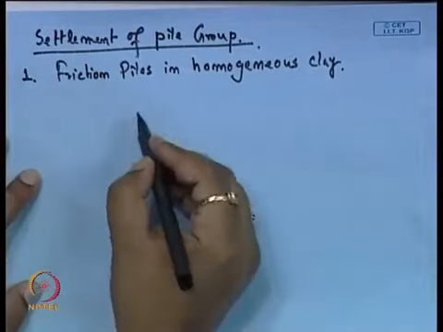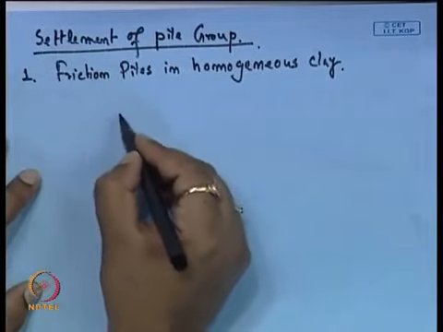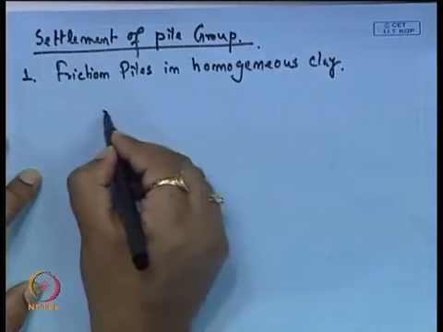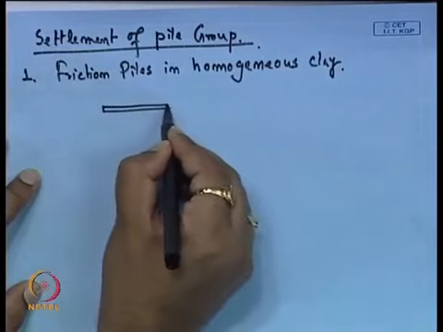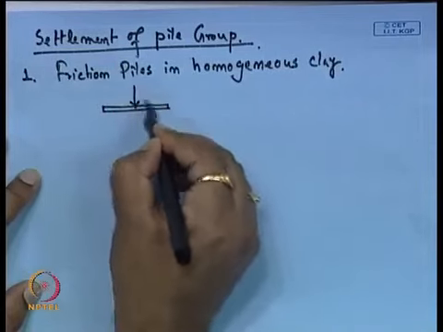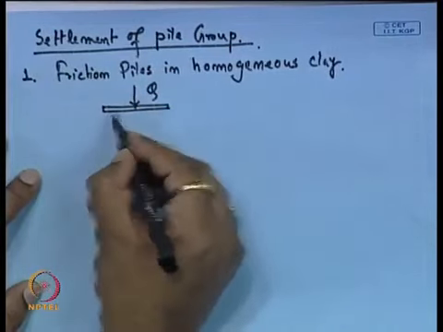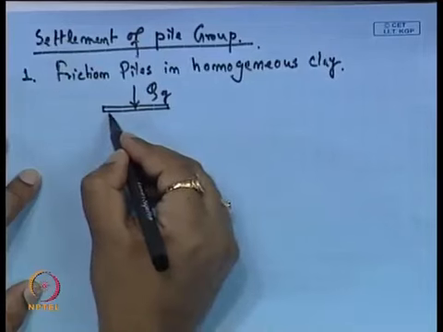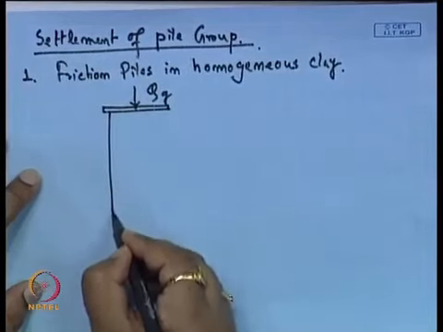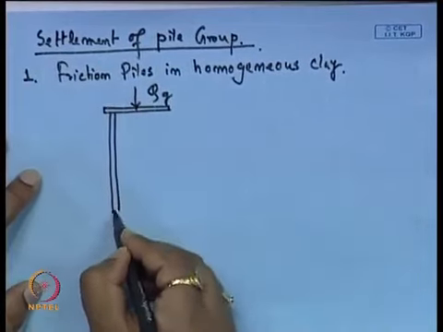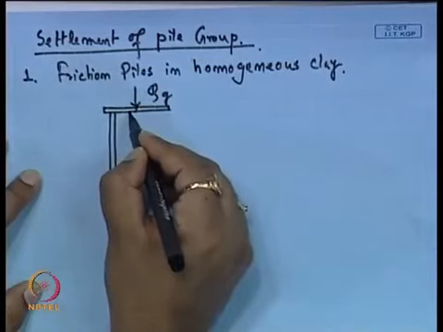So, suppose this is the homogeneous soil, this is the pile cap, this is the Q in the group, and here this is the length of the pile L, which is installed.